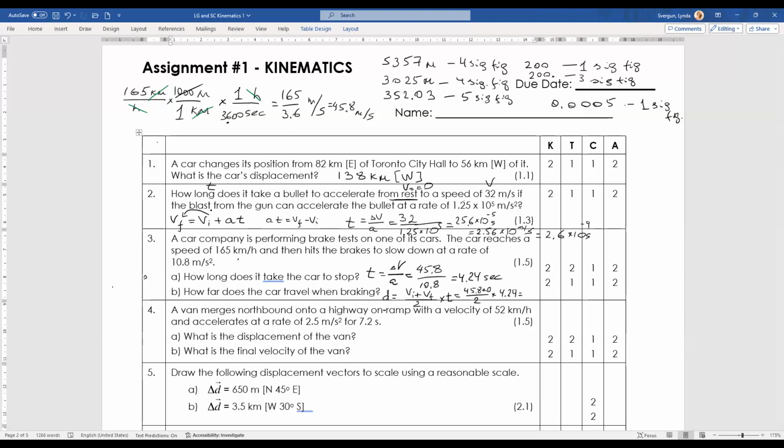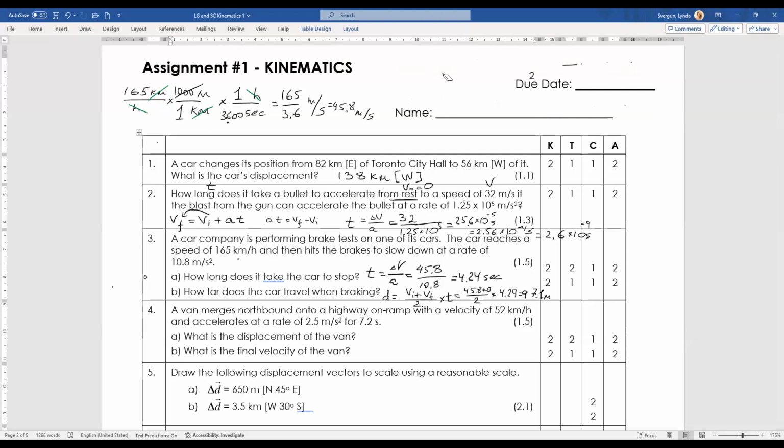Get your calculator, check how much it will be. You're done, right?